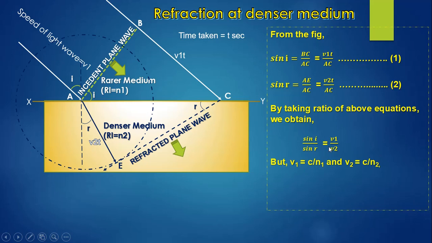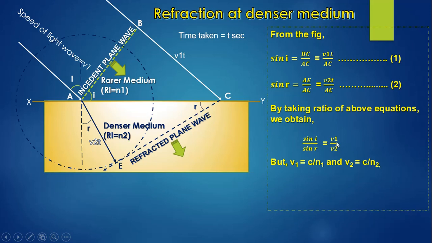Now I express V1, the speed of light in the rarer medium, and V2, the speed of light in the denser medium, in terms of the absolute refractive index. The absolute refractive index of the rarer medium is N1, whereas N2 is the absolute refractive index of the denser medium.